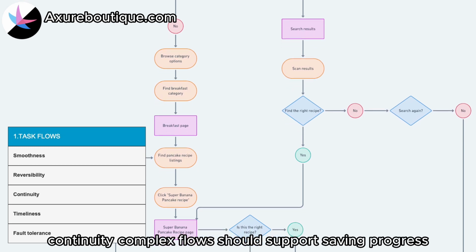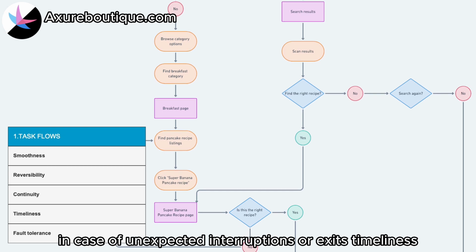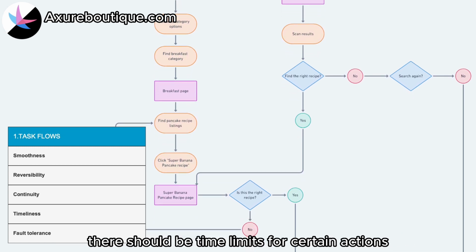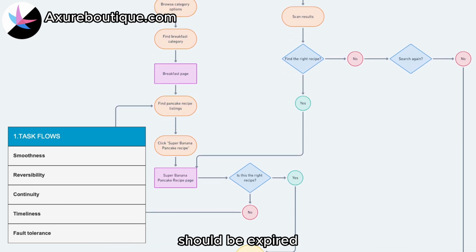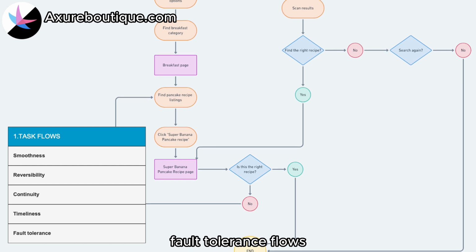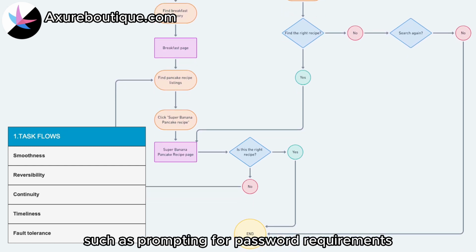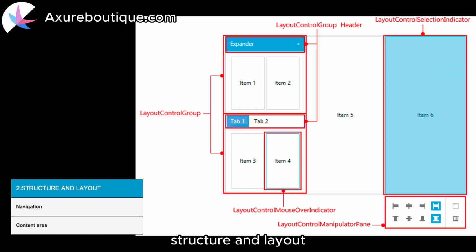Complex flows should support saving progress, with prompts to save in case of unexpected interruptions or exits. Timeliness. There should be time limits for certain actions, and operations that exceed the time limit should be expired. Fault tolerance. Flows should have error handling mechanisms, such as prompting for password requirements or automatically filtering out spaces and special characters.